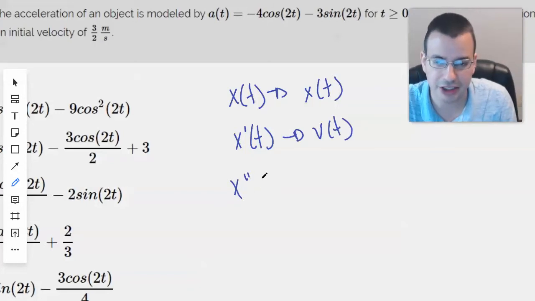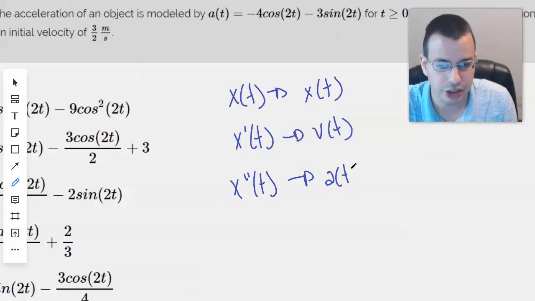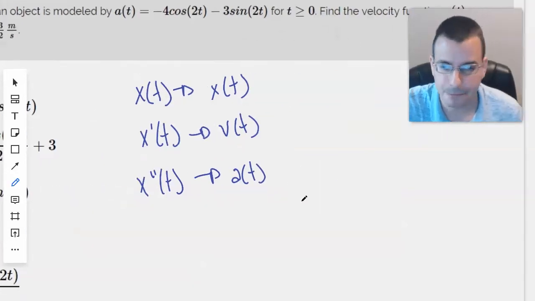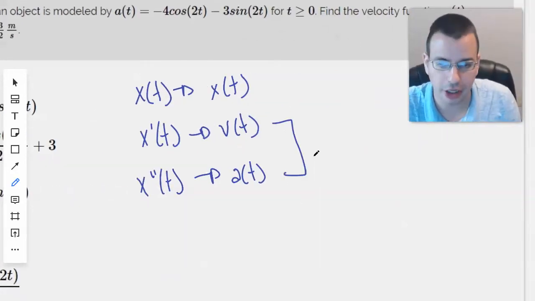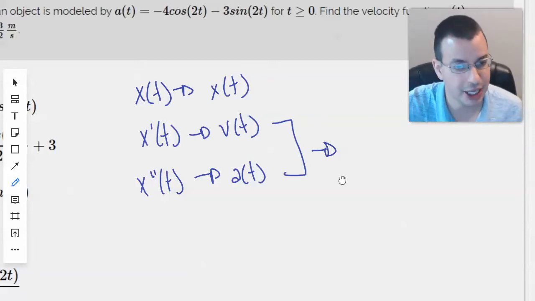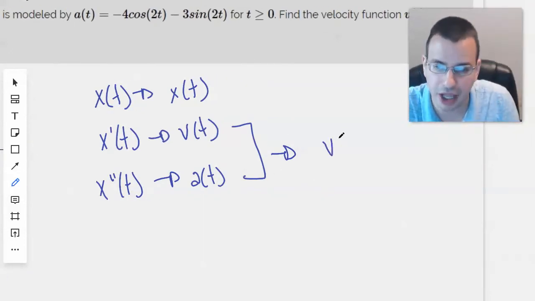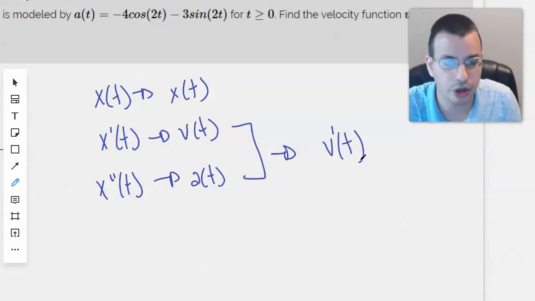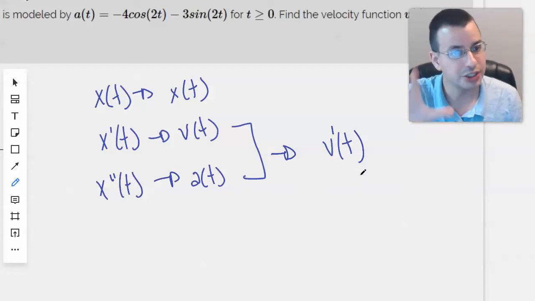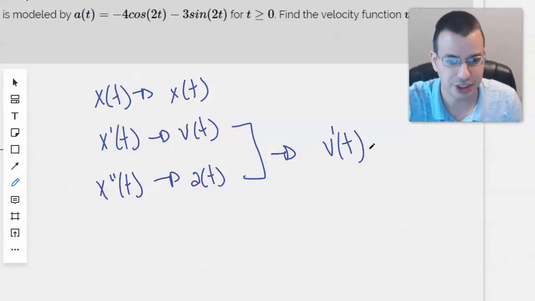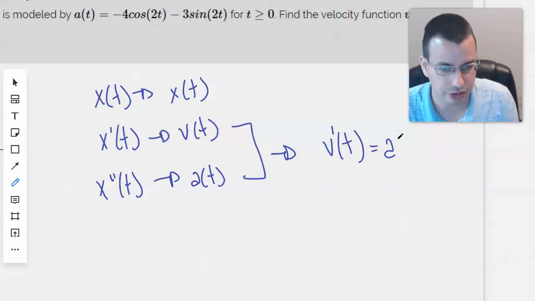And if you take the second derivative of position with respect to time, that will give you acceleration with respect to time. So as a corollary, we would also know that velocity with respect to time, taken as a derivative with respect to time, will give you acceleration.